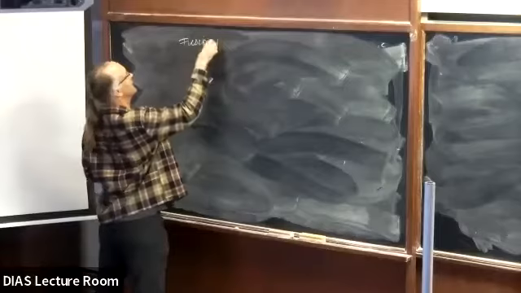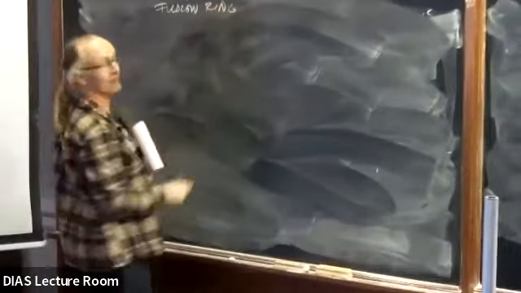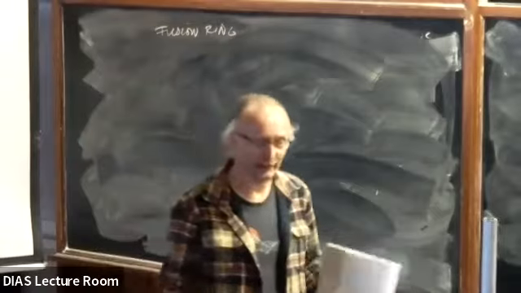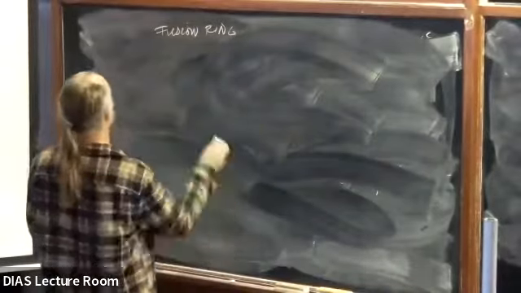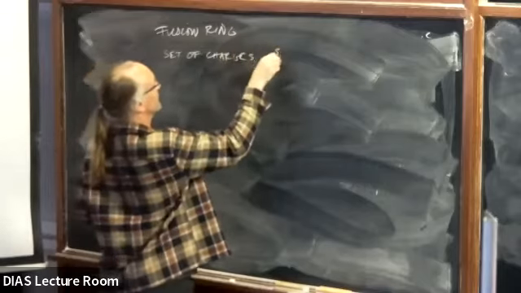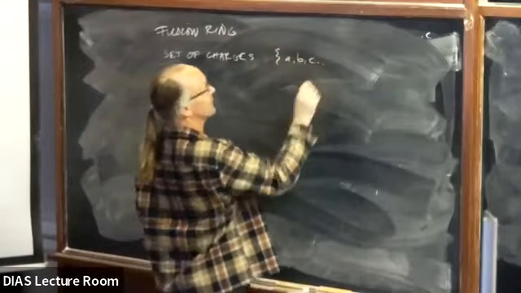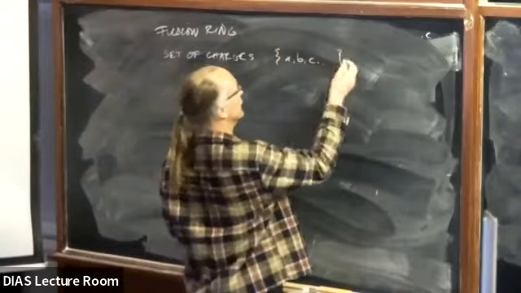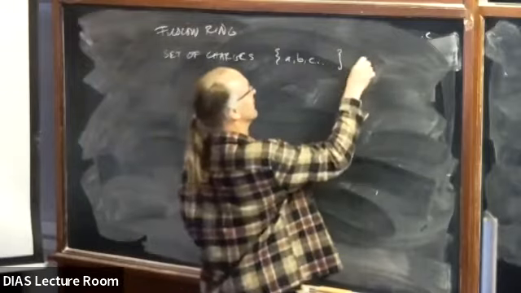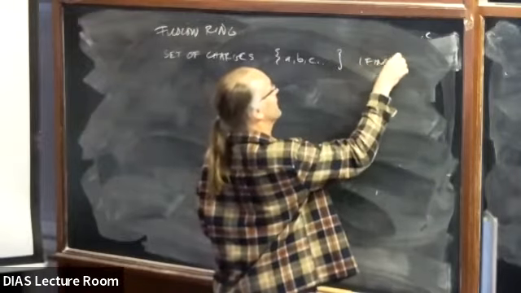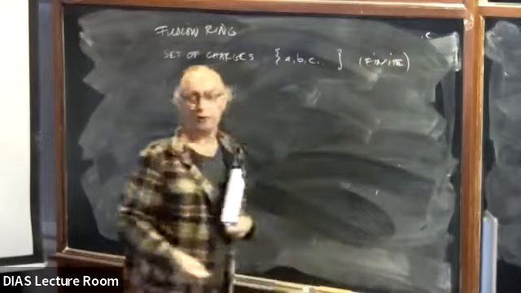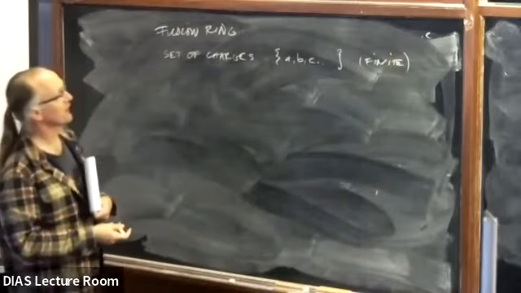So a fusion ring, basically, is a gadget about adding charges, some generalized notion of charge. So we have a set of charges, which we usually label A, B, C, etc., and it's usually considered finite, although for many of the things we do that's not so important; it just makes things easier.